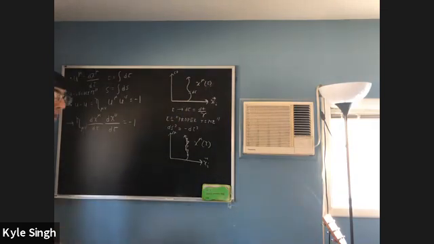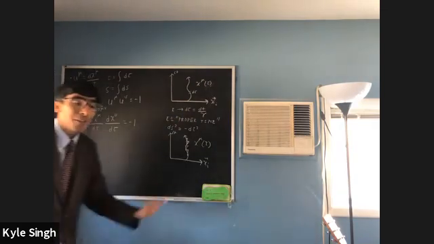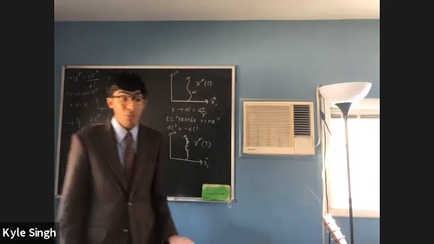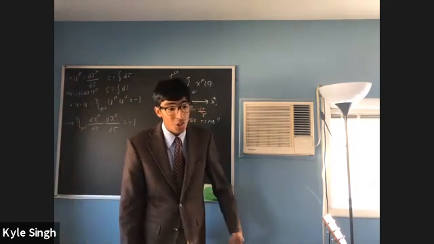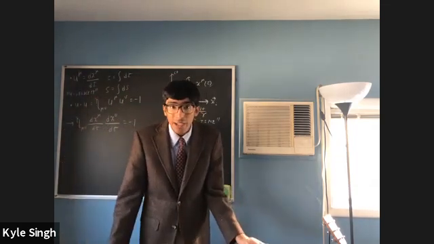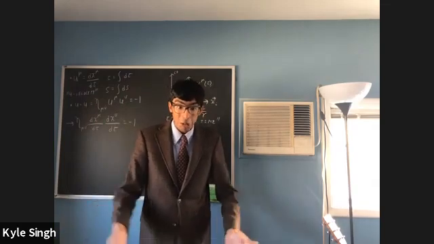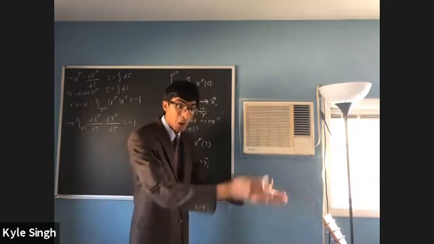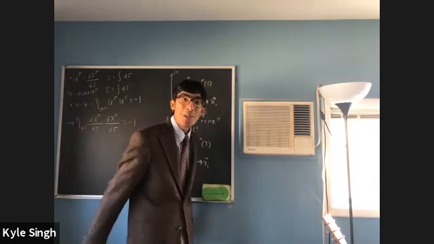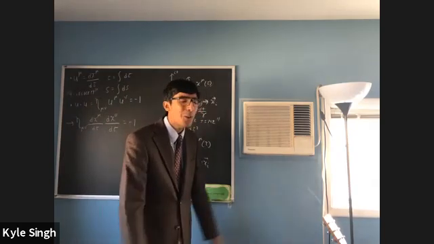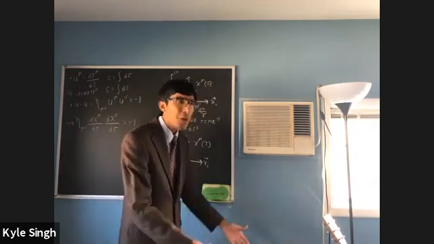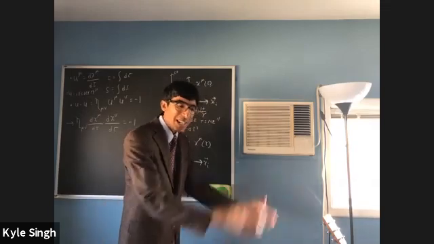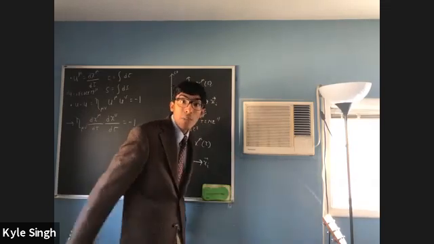Now let's look at the dynamics. If I have no forces, then what's going to happen? My object is just going to keep moving at constant velocity. There are no accelerations, no forces. It's just going to keep moving along. Newton's second law of motion: it's going to keep moving unless acted on by an outside force.